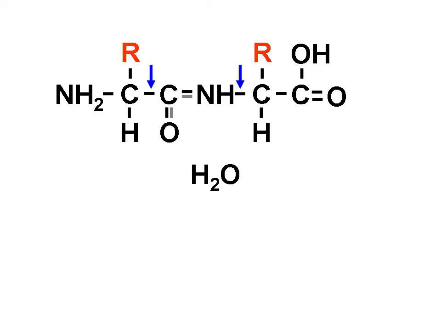Before going into that, I have to talk about another bond, which is neither a covalent bond nor an ionic bond, called a hydrogen bond. It's formed between these two groups, the carbonyl group and the NH group of the peptide bond.